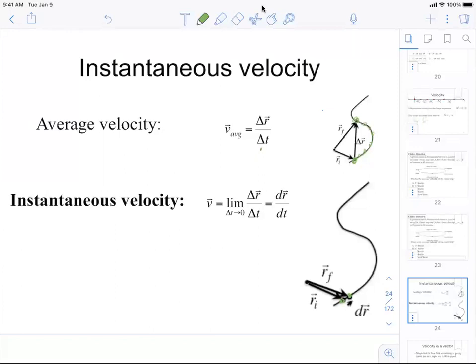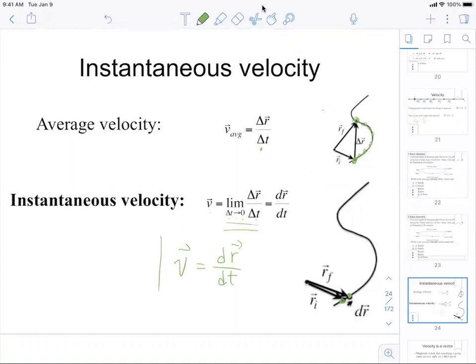So here I'm taking the limit as delta t goes to 0, looking at 2 points that are so close to each other. Then delta r over delta t gives me the velocity at that instant. In calculus, this is equivalent to taking a derivative. So an instantaneous velocity is the derivative of your position over time.